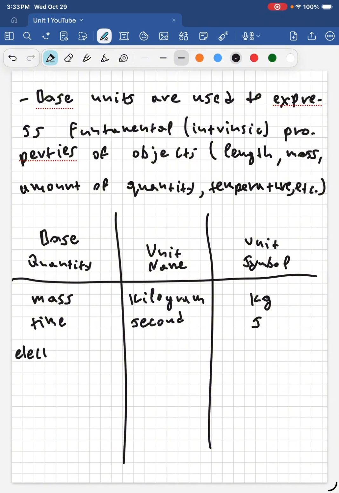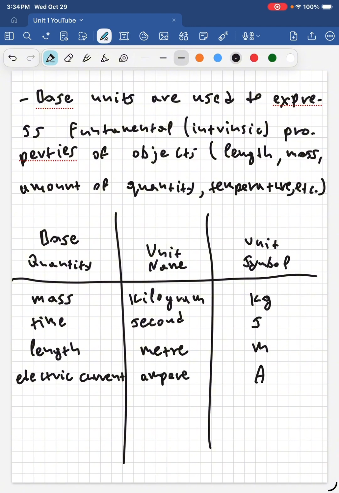Electric current is measured in, actually, before we mention the current, let me write mass, time, and length, okay? And I will explain why I have these 3 listed first. So the unit name is the meter, and the symbol is m. Then the electric current is measured in amperes, and the unit is capital A.